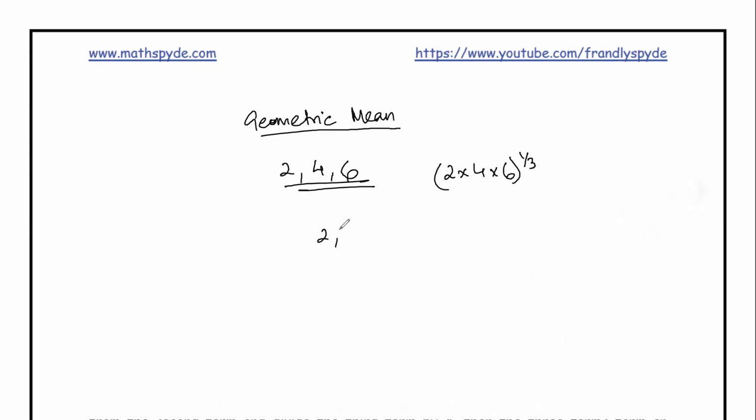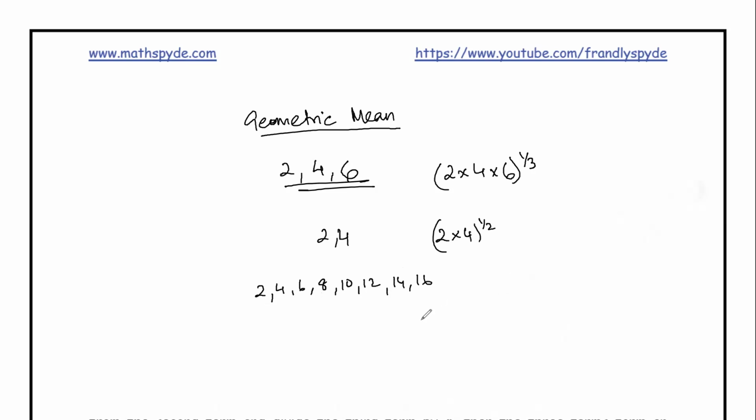So if it was only 2 and 4, then the geometric mean of this 2 and 4 would be 2 into 4, and then we take the second root of it, meaning square root of it. This is cube root, square root. And suppose there were 8 terms, 2, 4, 6, 8, 10, 12, 14, 16, like that.